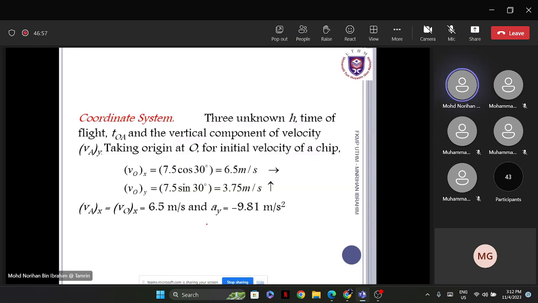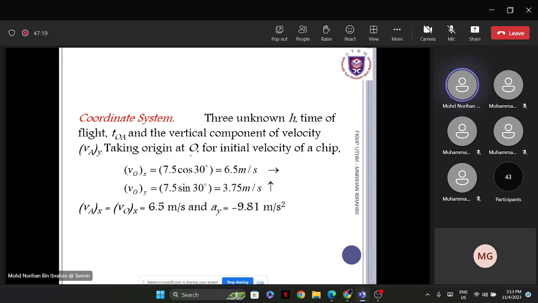So here is the method of solution. Three unknowns: h, time of flight TOA, and the vertical component of velocity, which is VAY.